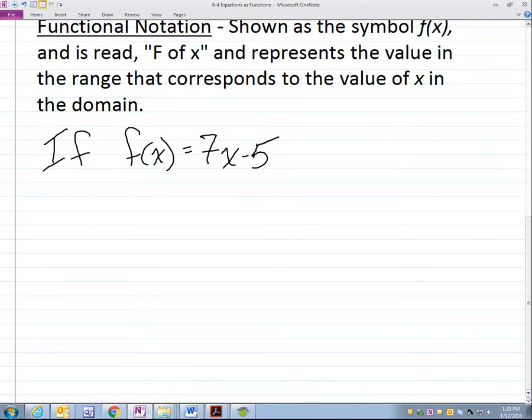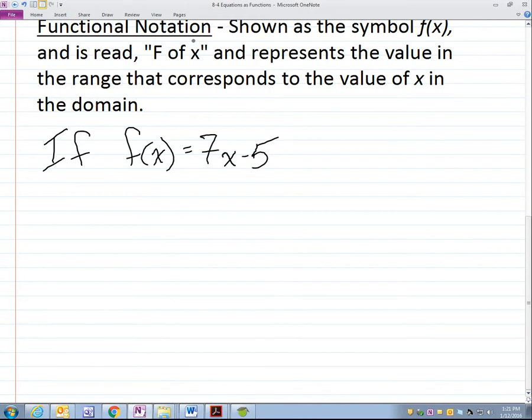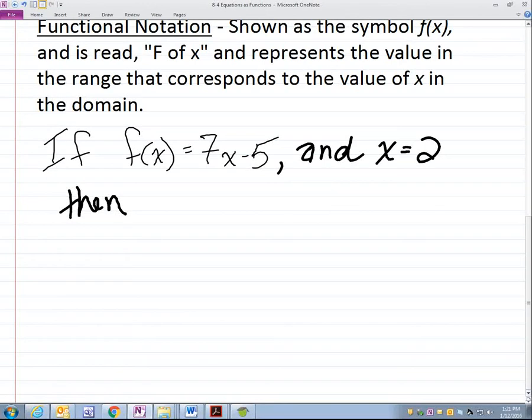So if the function of x, so f of x, equals 7x minus 5, and x equals 2. Now, do you see where x is in that function?